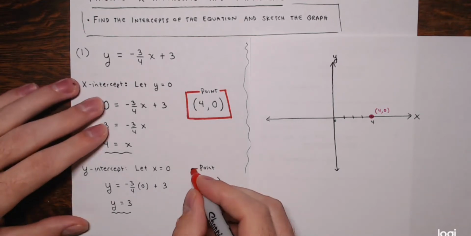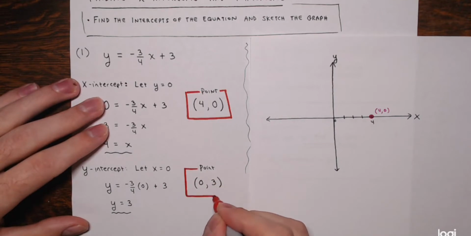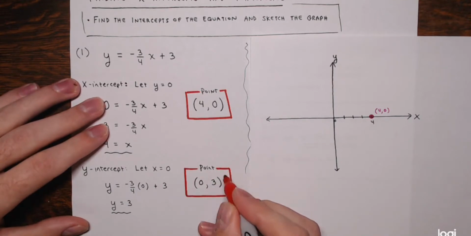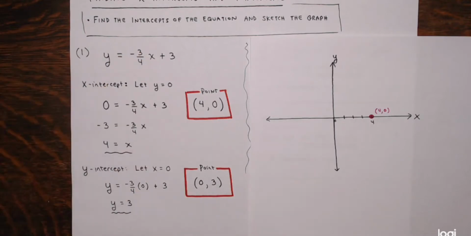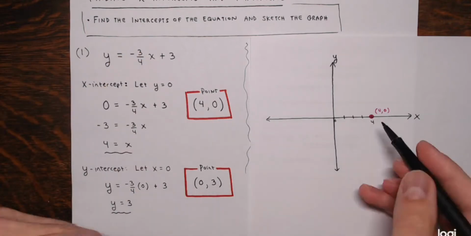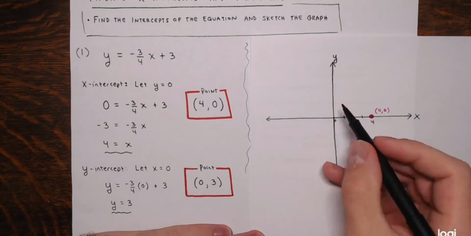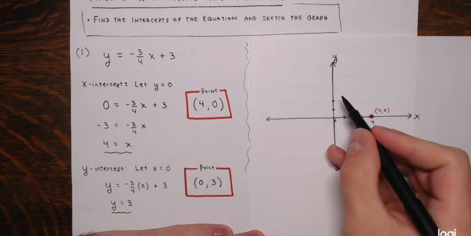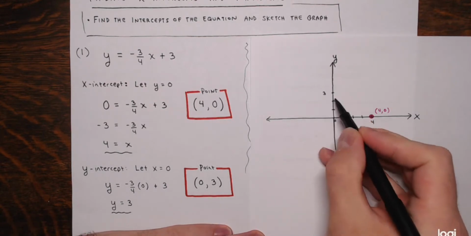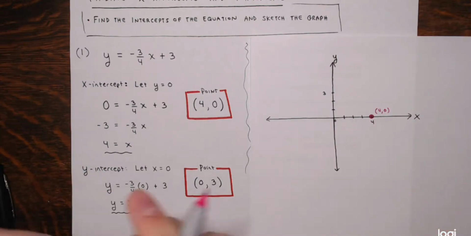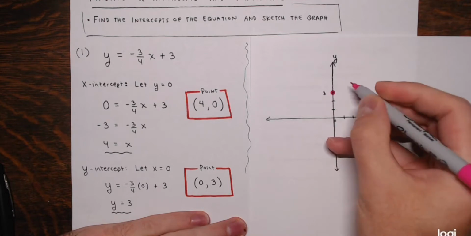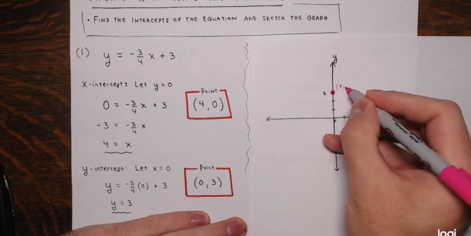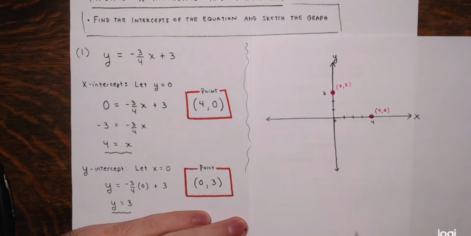I'll put this in a box again because this is something they were asking me to find. So I'll circle it: 0, 3, one of the intercepts. And then going to the coordinate plane, 0 on the x-axis and then positive 3 on the y, so that's 3 up. That's this location here, on the y-axis. There's the ordered pair, 0 for x, 3 for y.